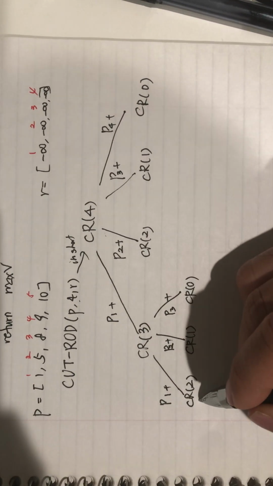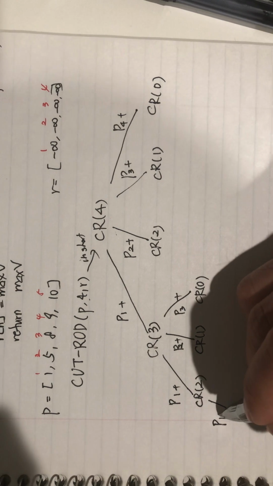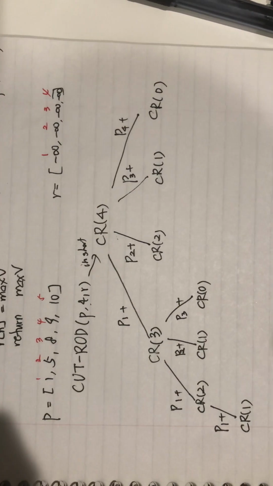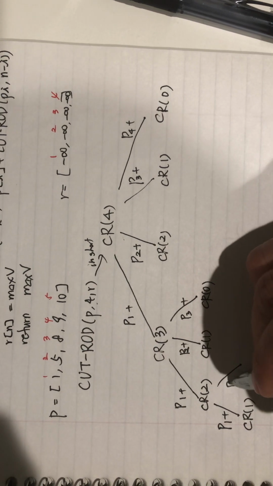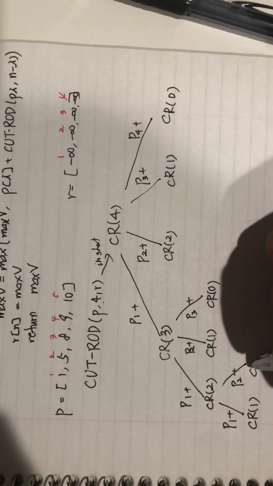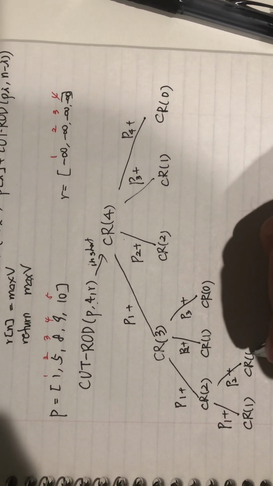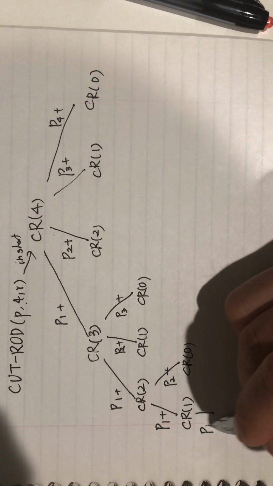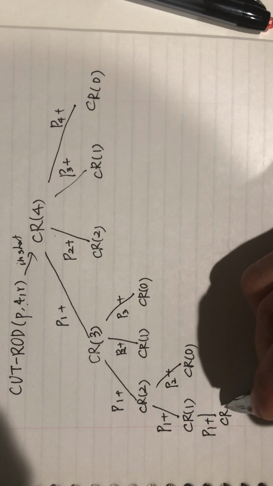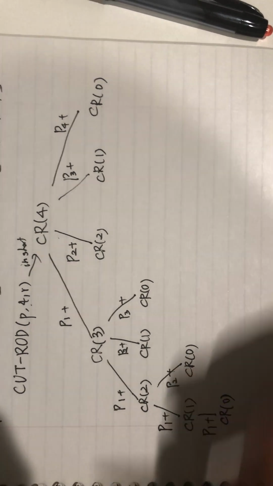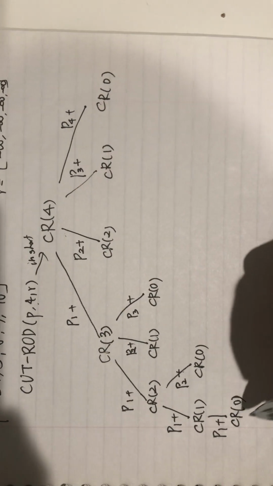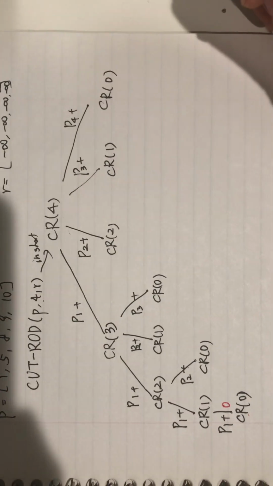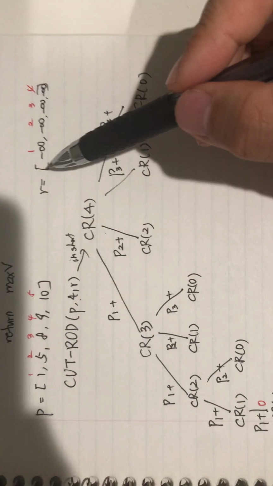Again, CL2, 1 inch cut, and then CL1, and then 2 inch cut plus CL0, 1 inch. There's only one option, 1 inch cut, CL0. And then you finally have CL0 automatically just return 0 without referring to our array.